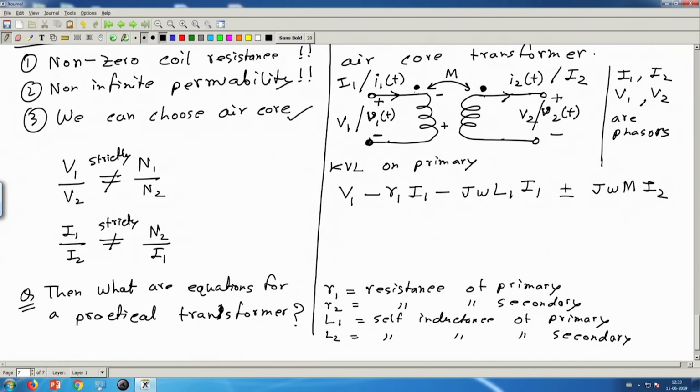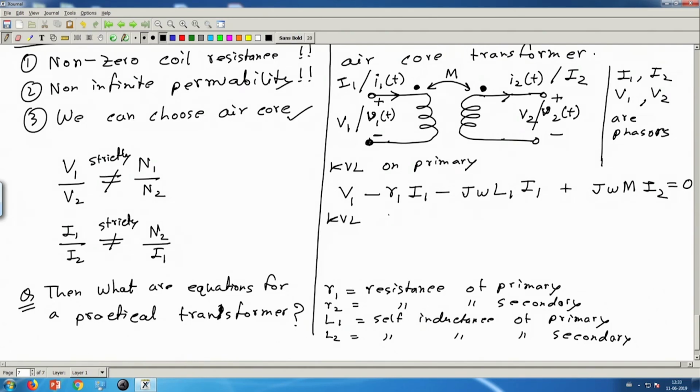Going down clockwise this way, it is a voltage rise, so I put a plus sign, and then this equals 0. This is the KVL equation for the primary.